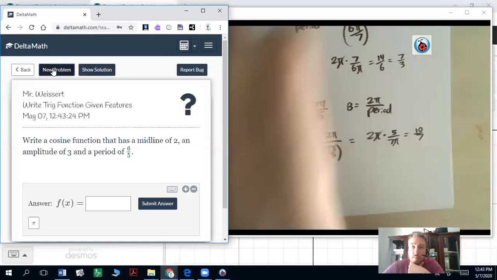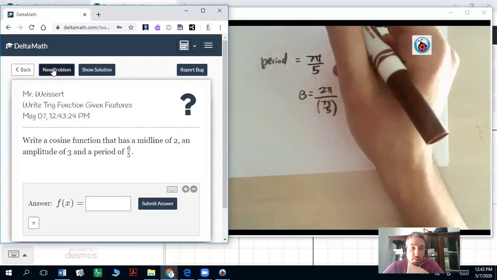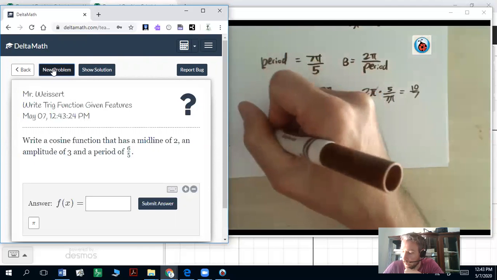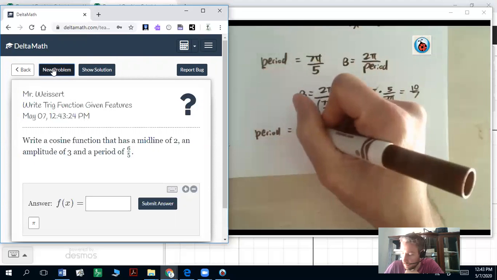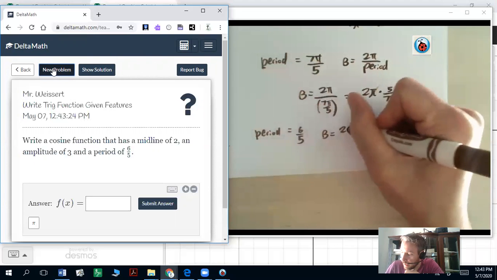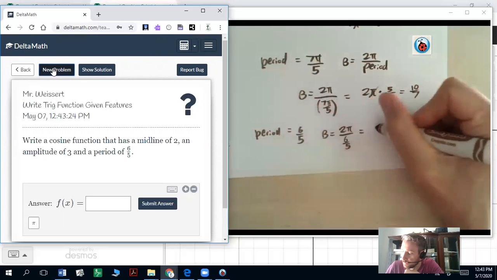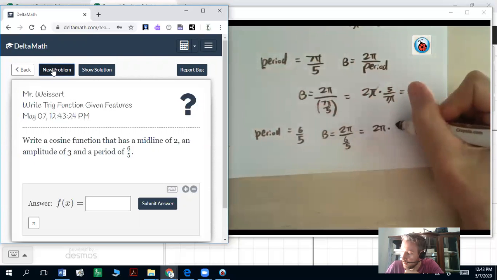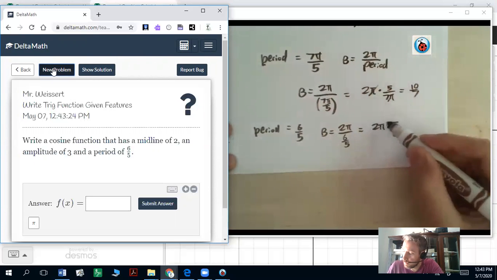And one more here to wrap it up. So a cosine function that has a midline of 2, an amplitude of 3, and a period of 6/5. So if the period doesn't have a pi in it, b is going to be 2 pi divided by 6/5. No pi's to cancel out, so it's 2 pi times 5/6. 2 times 5 is 10.